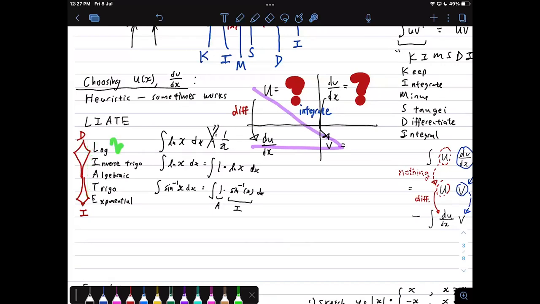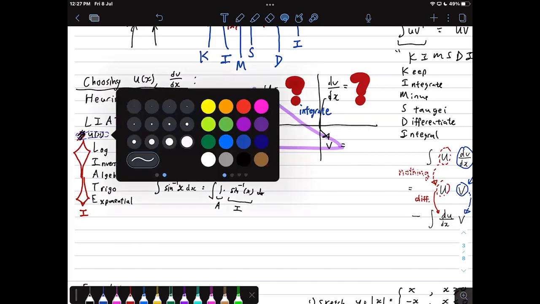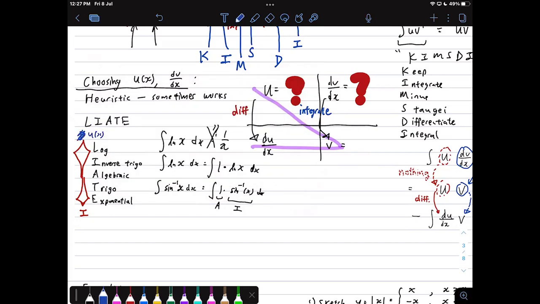This is like the VVVIP if you want to select the U. So instead of writing D, I'm going to change this to U of x, maybe in blue color. Then at the bottom, this I here will be your dV by dx. This is just a mnemonic, a heuristic. It sometimes works, but usually it works.